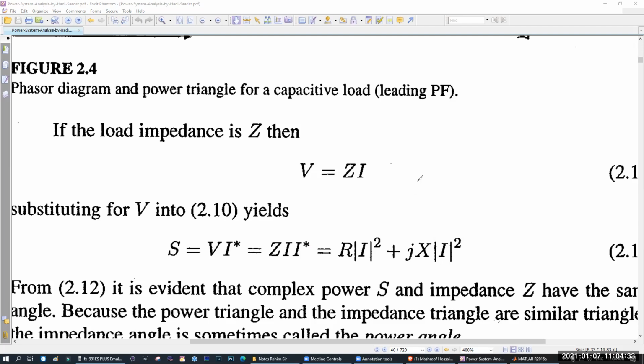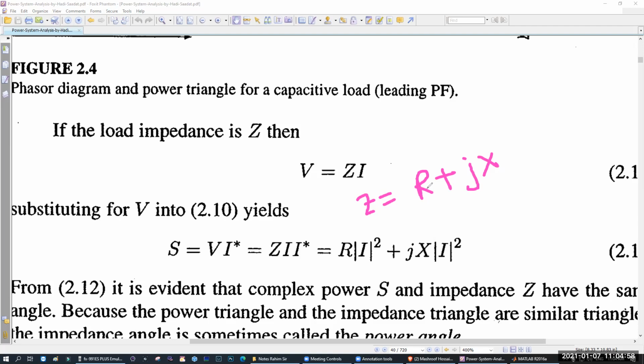Now what is Z? Z is a complex load, R plus JX. R is the resistance, and X is the impedance of your capacitance and your inductance.